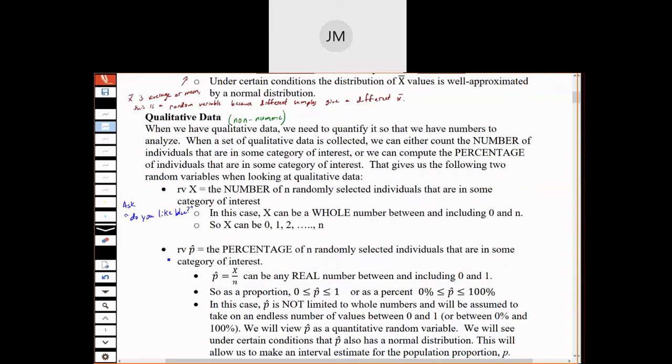But what I can do is get a random variable by counting up how many people said yes to that. Okay, so my random variable x would be the number of people that answered yes.